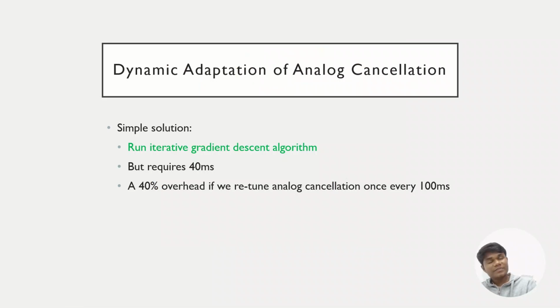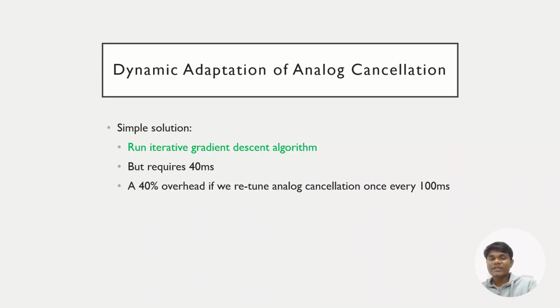Now, again, there's a simple solution to this problem: we run an iterative gradient descent algorithm, as with any parameter estimation problem. But this gradient descent algorithm will require 40 milliseconds to converge.